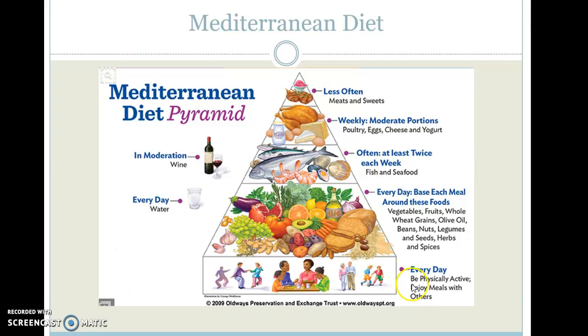So here it is again: every day, of course, activity, a lot more legumes, beans, nuts, seeds. Only twice a week, trying to get fish. Once a week, chicken, yogurt, and eggs. So not very often. This is the main food source. So that might be one way to encourage that.